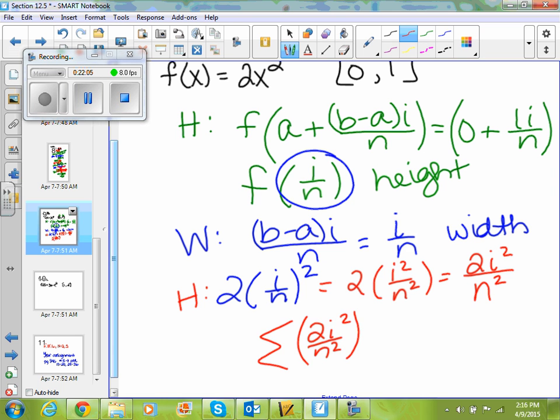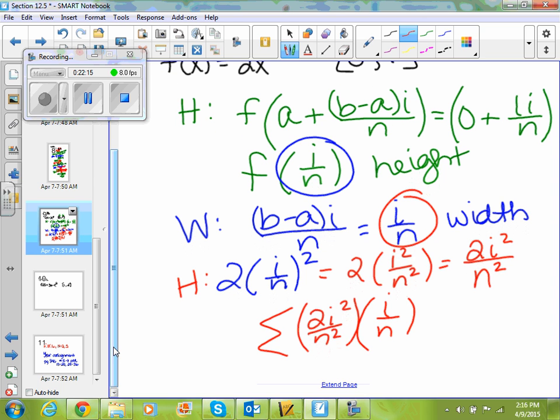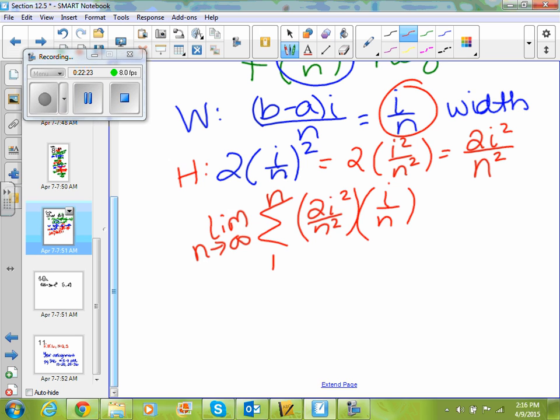So I'm going to find my sum of 2i squared over n squared times my width i over n. Alright, so if I multiply that out, I end up with 2i cubed over n cubed.